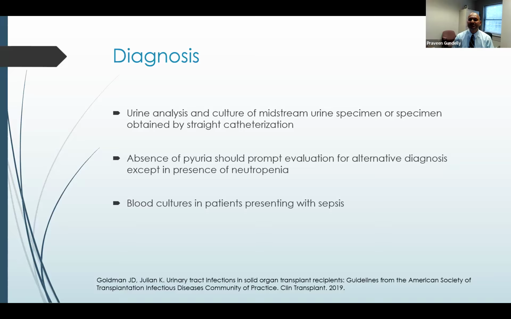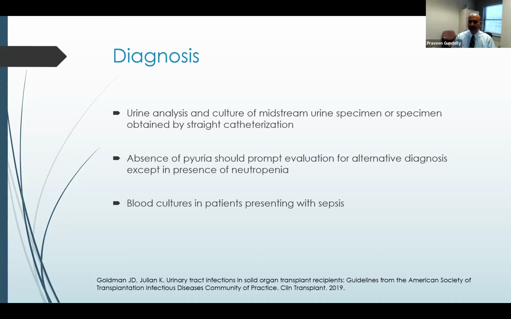A good number of patients, especially with kidney transplant, do not present with symptoms related to the urinary tract. In the general population, patients present with dysuria, frequency, pelvic pain. But whenever patients come to the hospital, most often they have non-specific symptoms of sepsis.